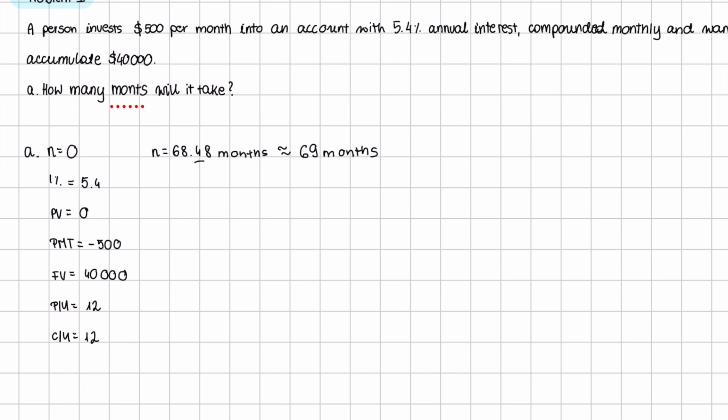We have to round it up, so it's 69 months. But in your final exam, you will be exactly asked if you need to give a whole number of months or just leave it like this.